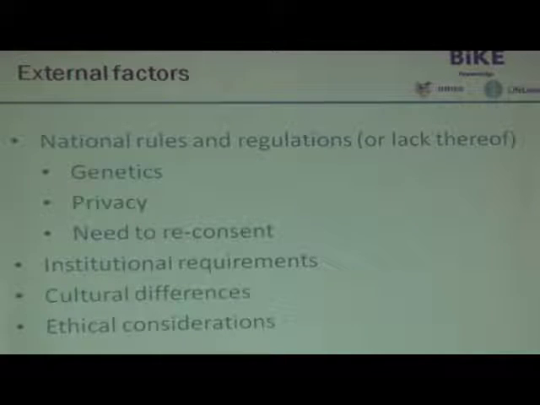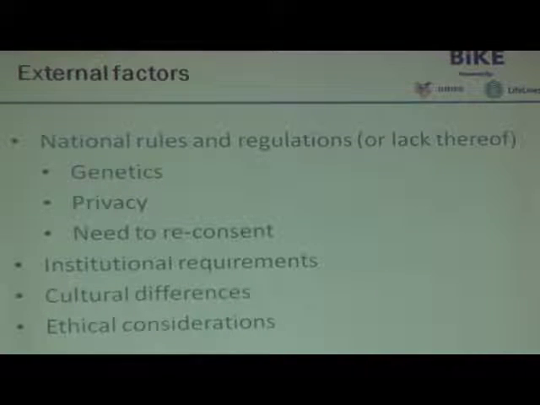And then the last one is the need to reconsent. A biobank typically will create a collection of samples with consent for any type of research. But in some countries, like my good neighbors in Germany, they have quite strict rules on reconsenting.